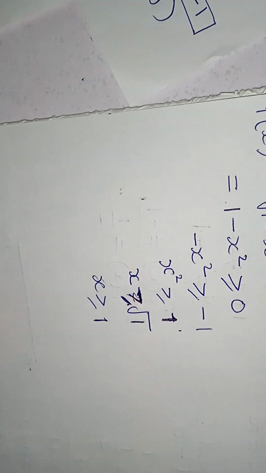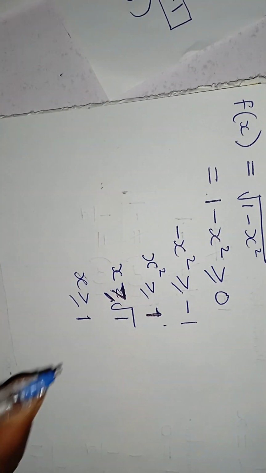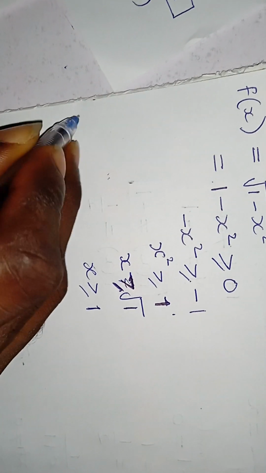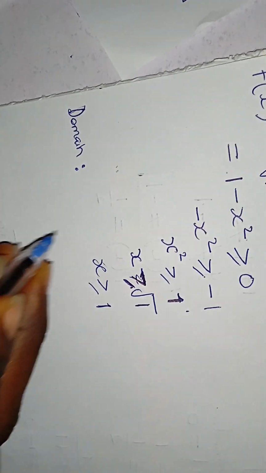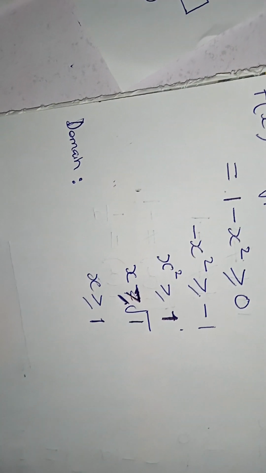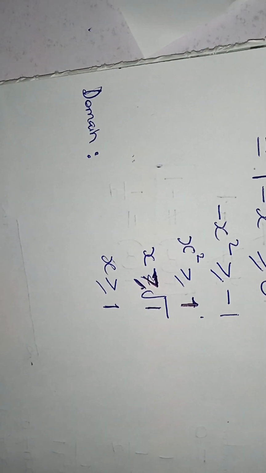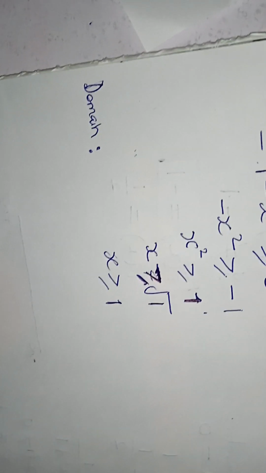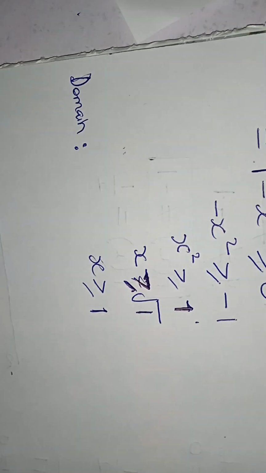The domain of this is simply all values of x, all values on the real number line that range from 1 and above. Every number that is an element of 1 and above is your domain.